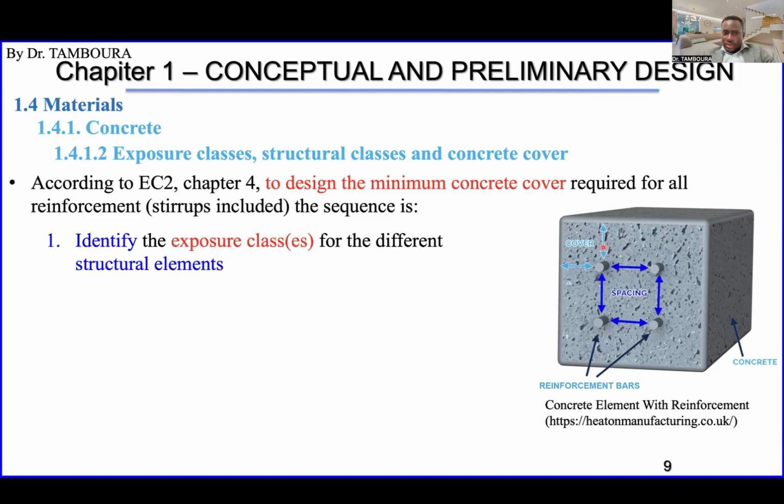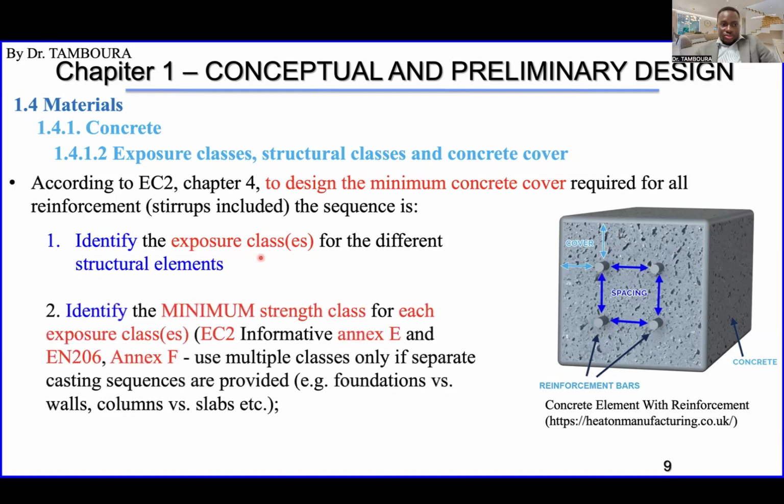First step is to identify the exposure classes, and this is what we did in the previous video. Remember, different types of exposure of the structure. This is the first step, and we have determined many exposure classes, okay.